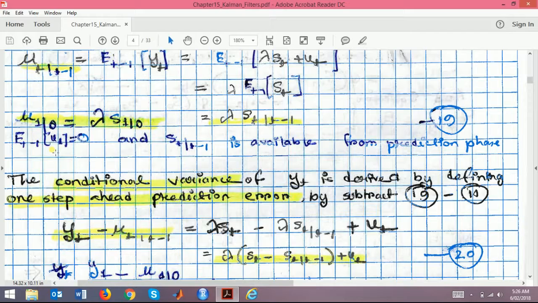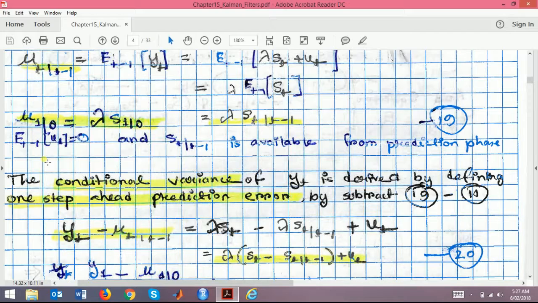Using S0|0 from the updating phase, in the prediction phase we derived S1|0, which was S1|0 equals phi S0|0, and this S1|0 is multiplied with lambda, the latent factor, which gives us mu1|0, the conditional mean.